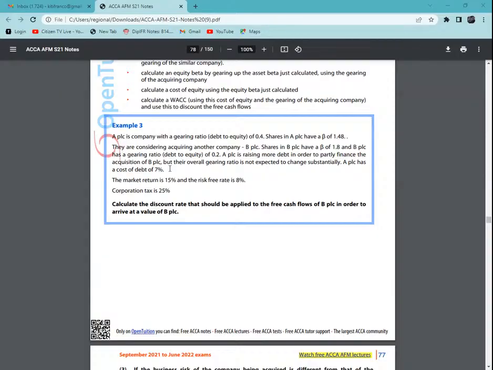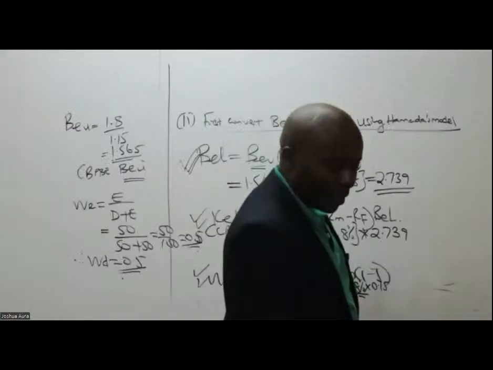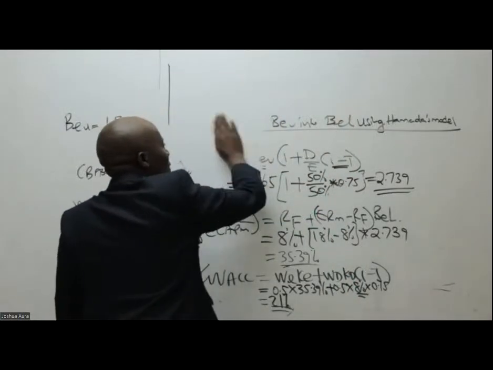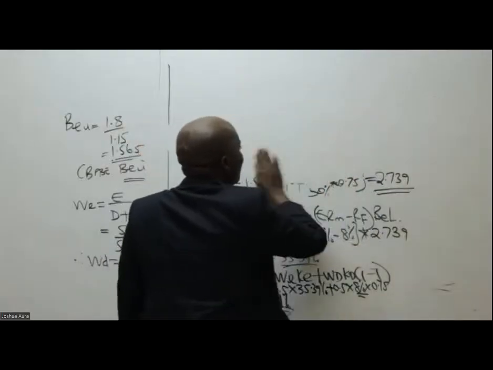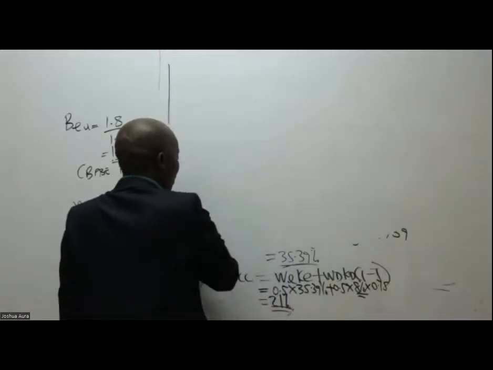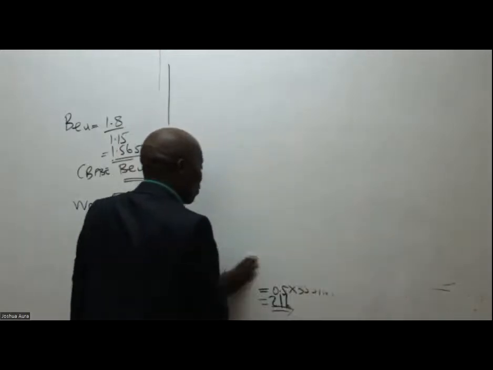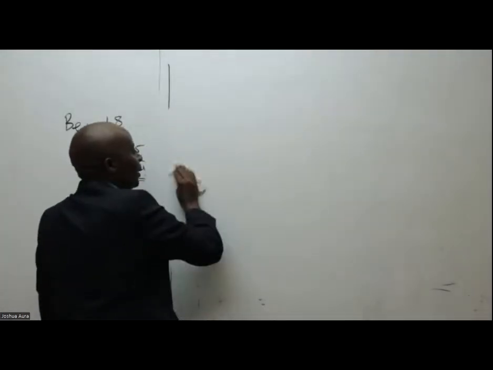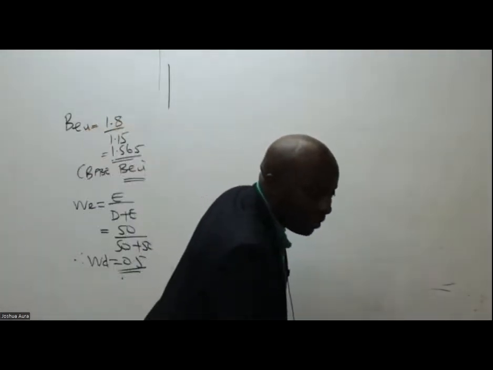Okay. I'll always start by, if I'm the one doing this exam, when I hear a company is diversifying to some new industry, I have the concept of the relevant beta. That is where I'll always start from. So come and write in capital letters, relevant beta.